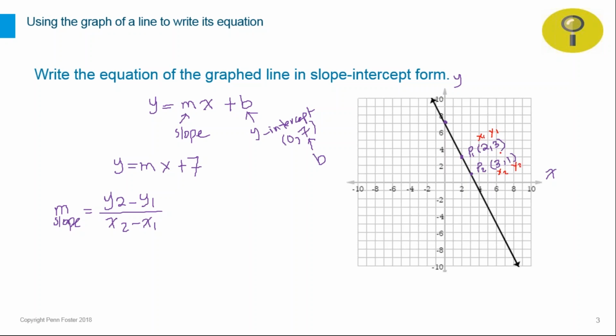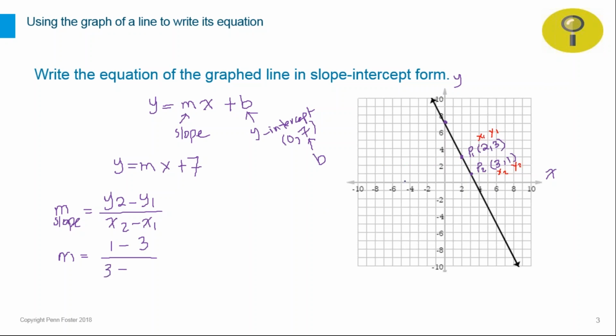This way, I can just plug the values into the formula. Let's do that together. So again, we're looking for m equals y2, which is 1, minus y1, which is 3, divided by x2, which is 3.